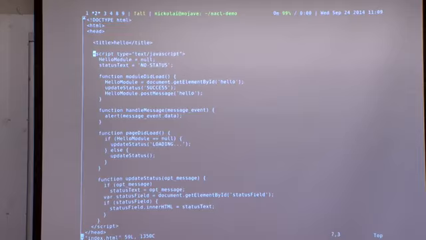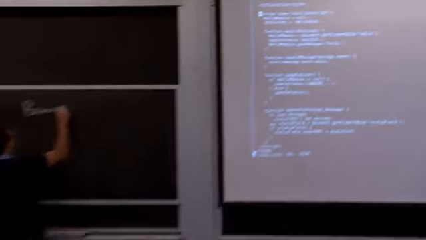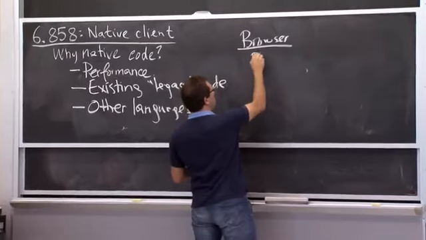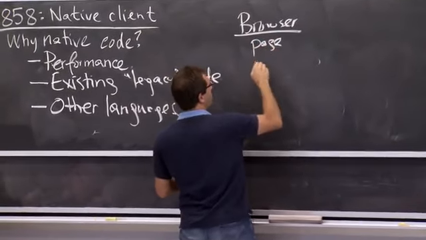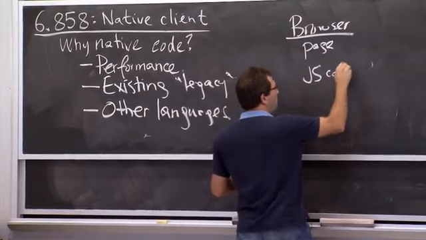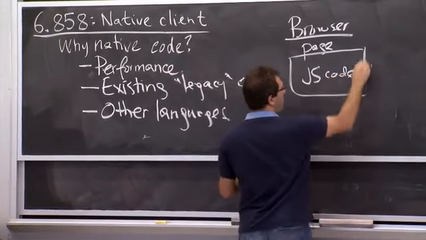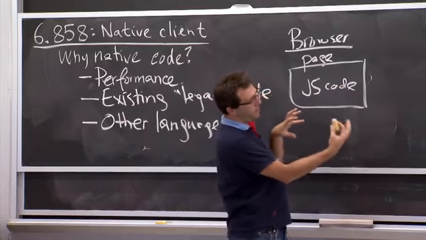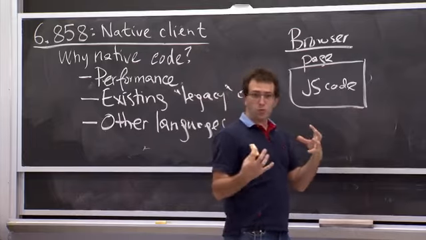The way you can think of this running in the browser is that you have the browser. We'll talk much more about web security later. But roughly, you have a web page that contains some JavaScript code, and this runs with the page's privileges. It can do various things to the web page itself, maybe talk to the network in some circumstances.